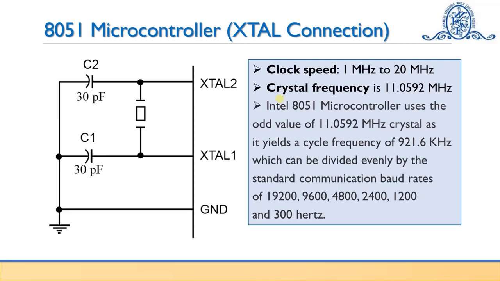So the cycle frequency comes out to be 921.6 kilohertz, which we can divide evenly using various numbers, so that it will give rise to standard communication baud rates of 19200, 9600, 4800, 2400, 1200 and 300 hertz. So these are the different baud rates, and these are easily gettable from this crystal of 11.0592 megahertz.